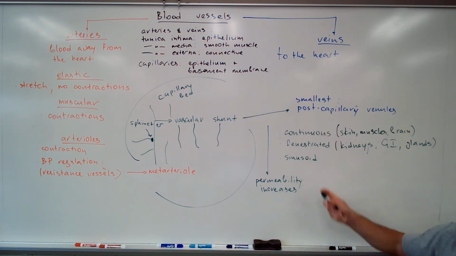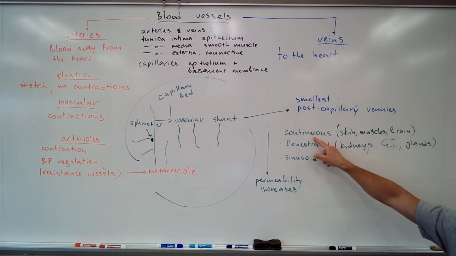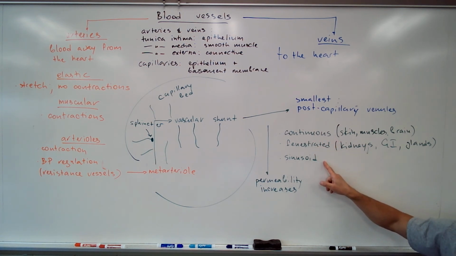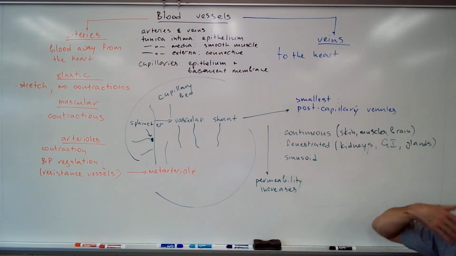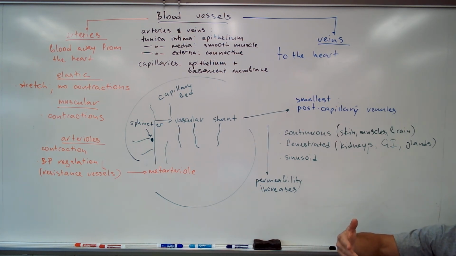And finally, sinusoid capillaries. They are the most permeable. They have gigantic gaps and various transport channels. The rate of blood flow, how fast blood flows, is fastest in continuous and slowest in sinusoids, which makes sense. Blood flows through sinusoid capillaries, and there is an exchange with the surrounding tissues.